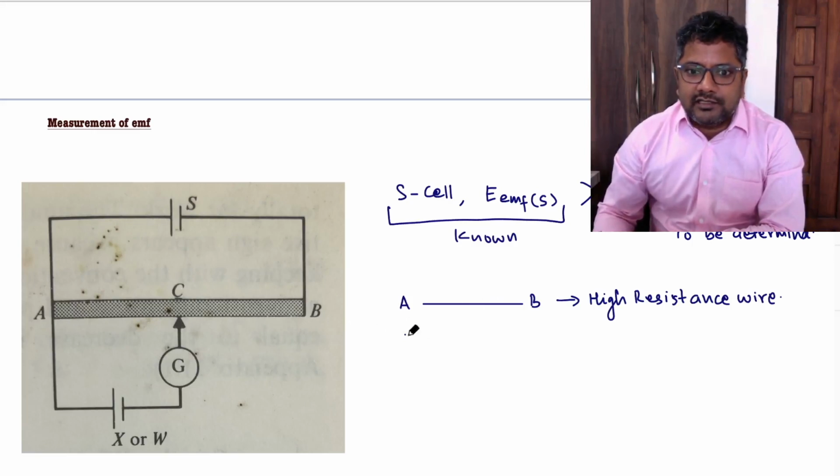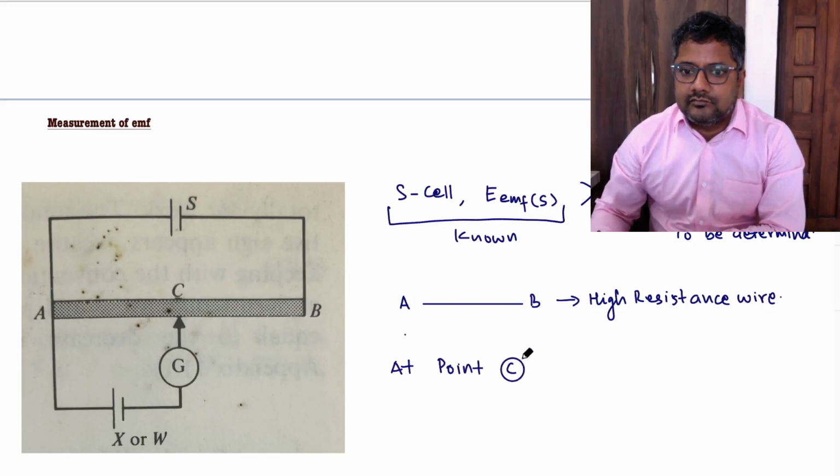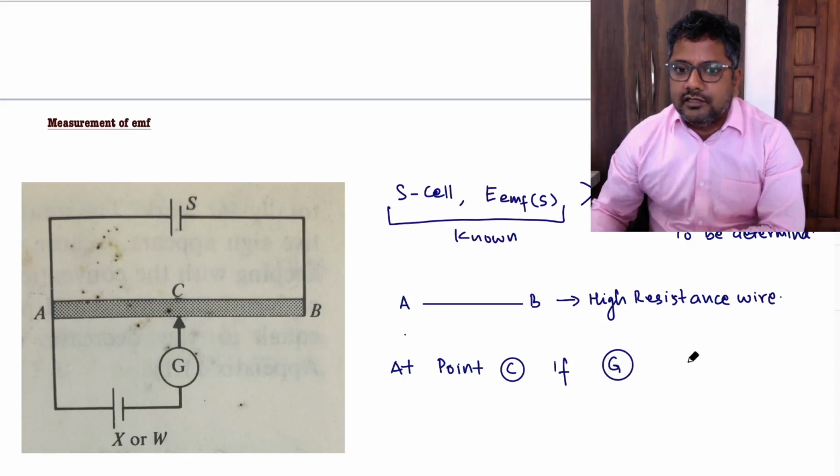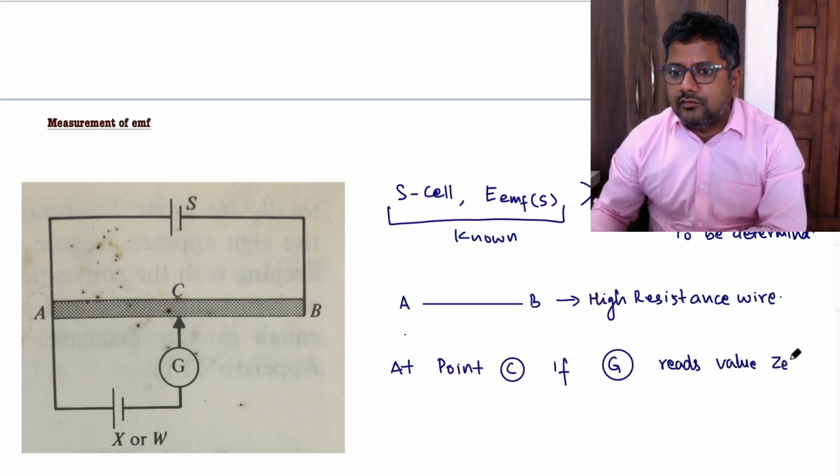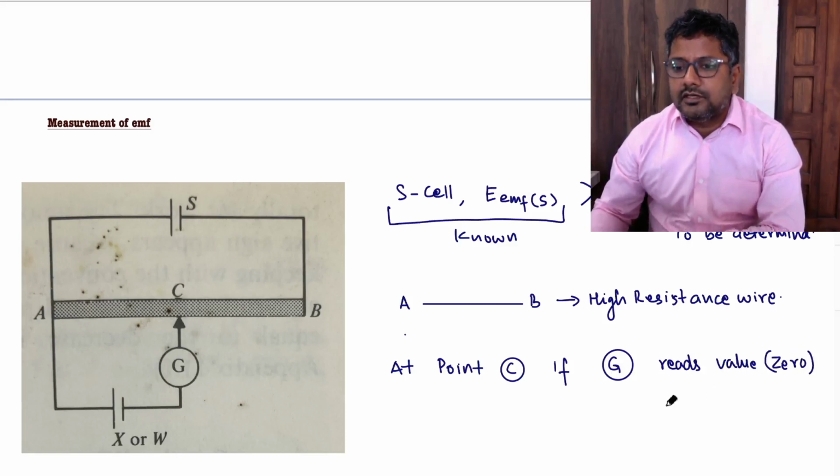So at point C, if G reads 0, reads the value 0, right?